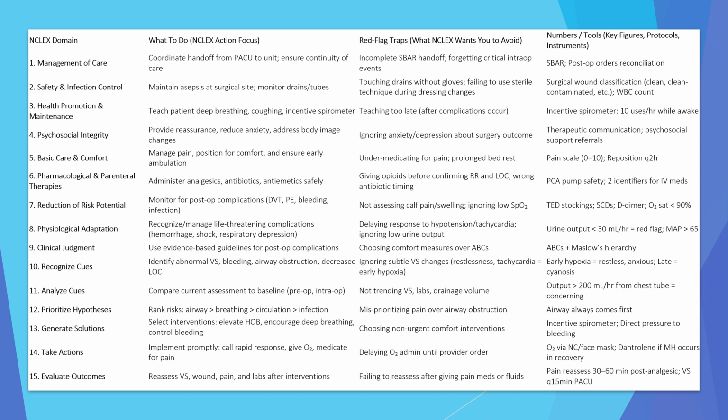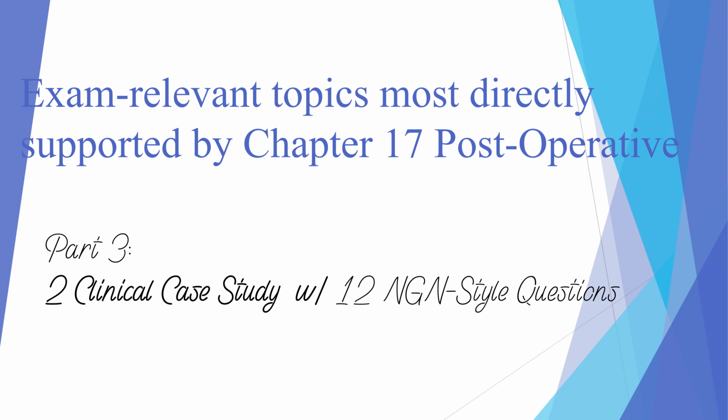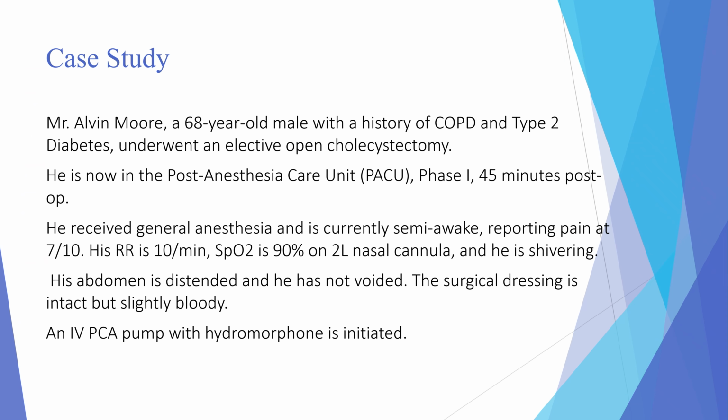Okay, so moving forward. We have a hypothetical case study. Mr. Alvin Moore, it's just a name, a 68-year-old male with a history of COPD and type 2 diabetes, underweight, underwent an elective open cholecystectomy.